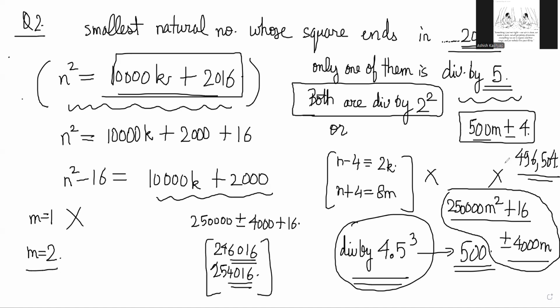So we'll try m equal to 2, and for m equal to 2, the possible numbers are 996 or 1004, right?